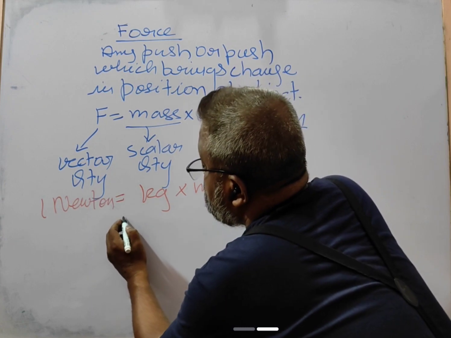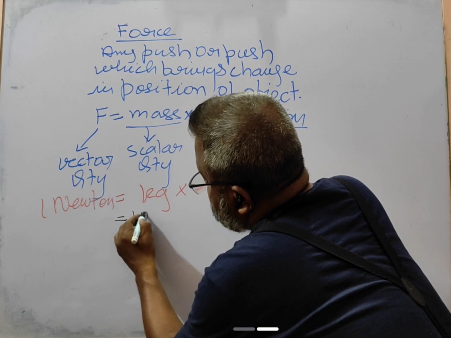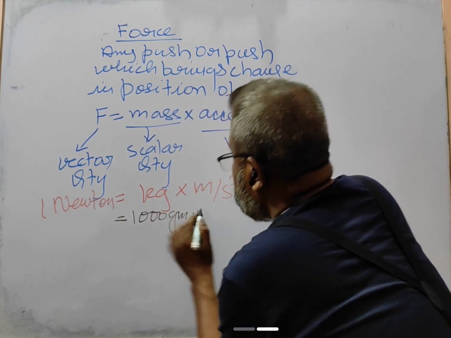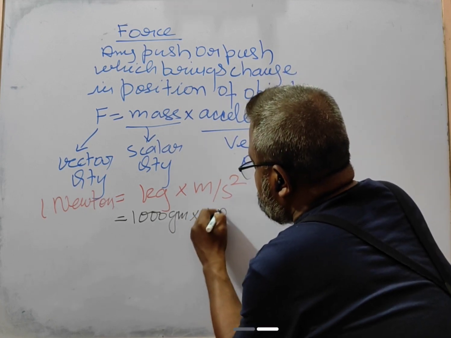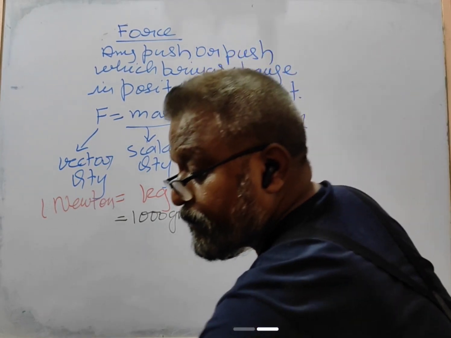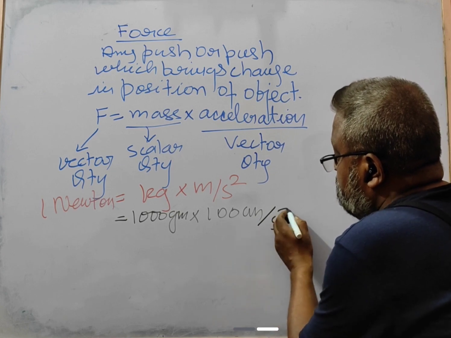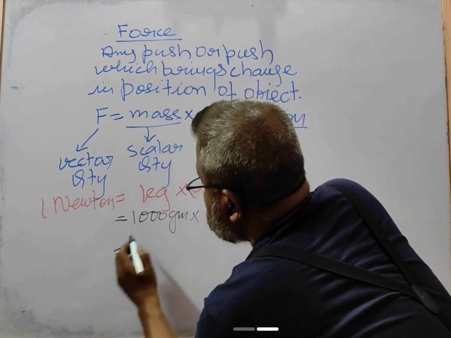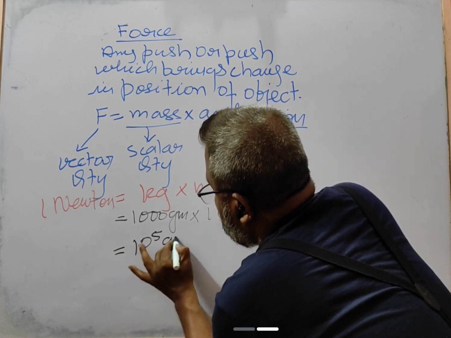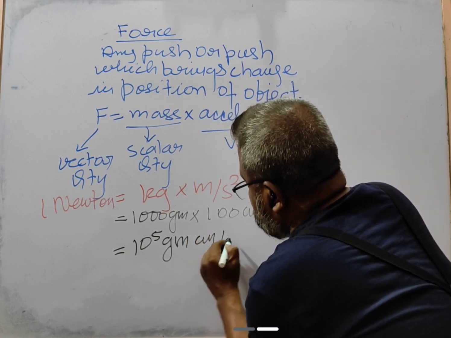Now, 1 kilogram is equal to 1000 gram into 100 centimeter per second square, right? So it becomes 10 raised to the power 5 gram centimeter per second square.